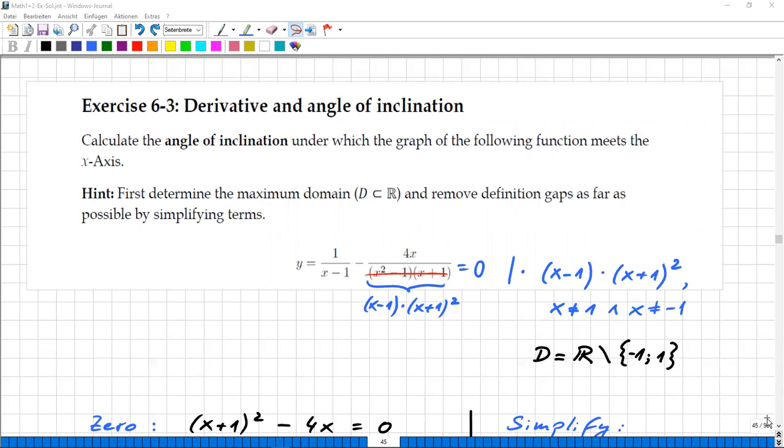Now let's look at the original setting where this term is given, and the question is simply to find the angle of inclination under which the graph of this function meets the x-axis.